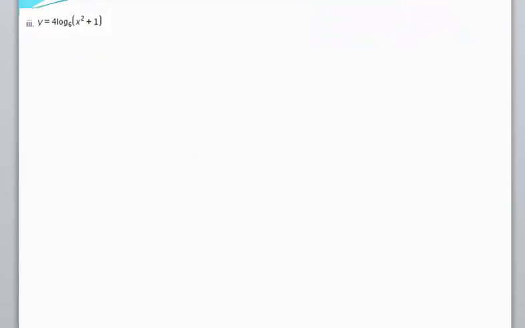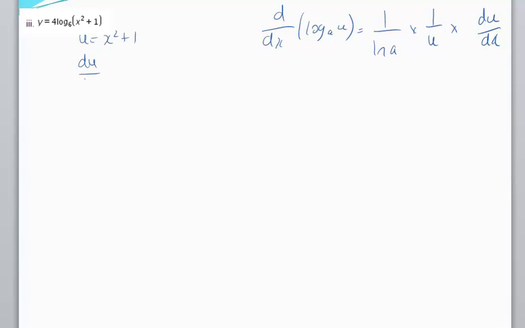And moving along to our next example. We start again, we're going to write our formula out over here. d on dx of log a of u is 1 on natural logarithm of a multiplied by 1 on u multiplied by du on dx. So now we're looking at it here. Our u is equal to x squared plus 1. du on dx is equal to 2x. So now what we're going to do is our actual differential.